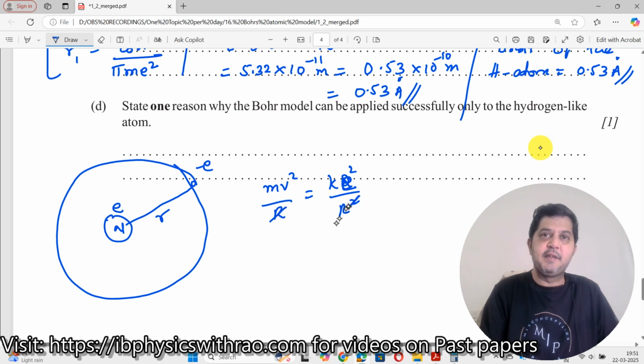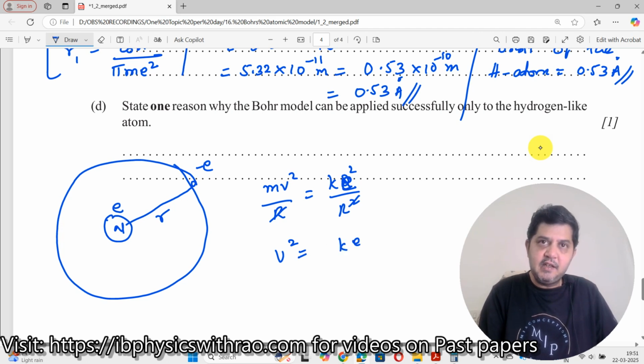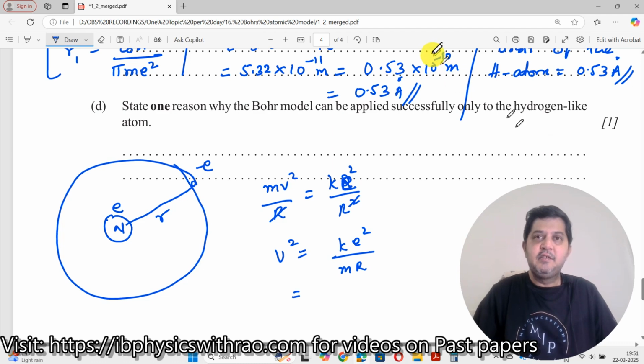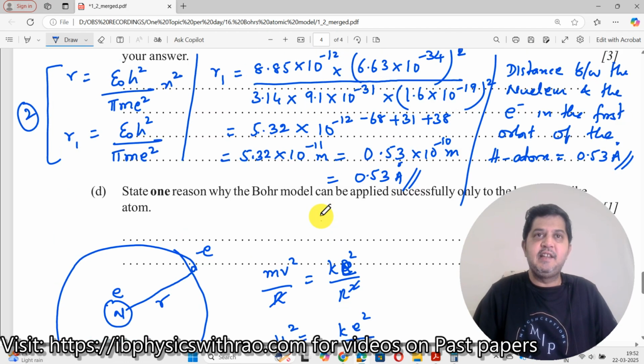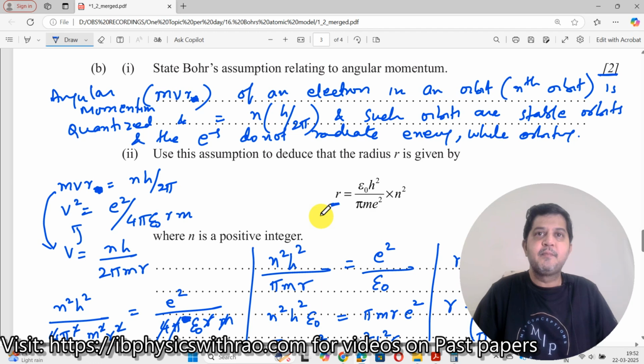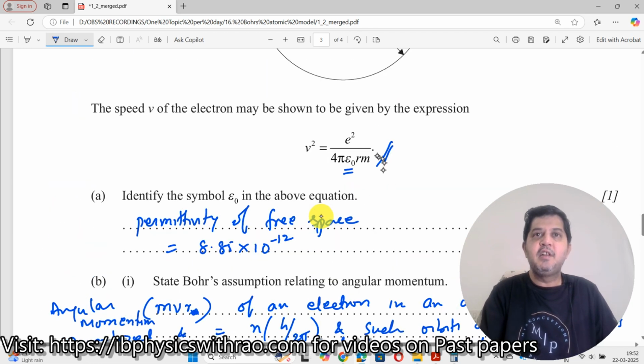So this goes away over here, and thus you can get an expression for v square. v square is equal to ke square divided by mR. What is k? k is 1 by 4 pi epsilon naught. So this should be equal to e square divided by 4 pi epsilon naught mR. This you would have already learnt in your classes. Now, you can see this expression matches with what is given here: e square divided by 4 pi epsilon naught Rm is given.